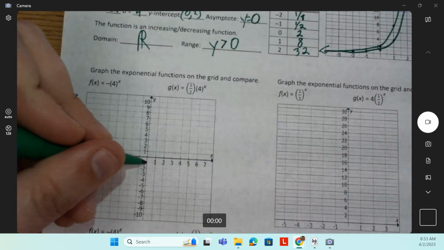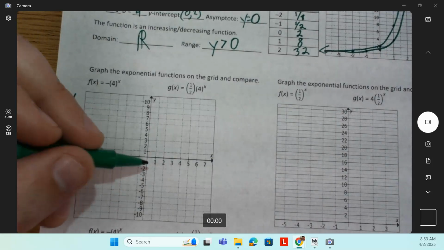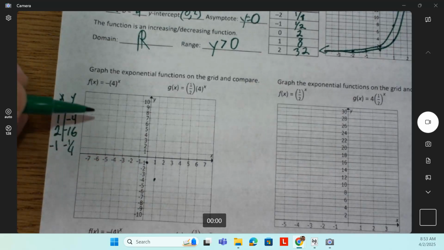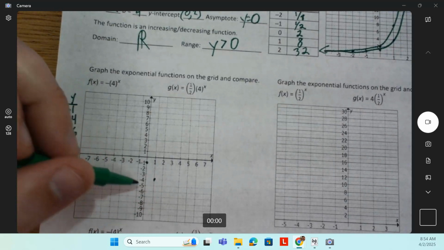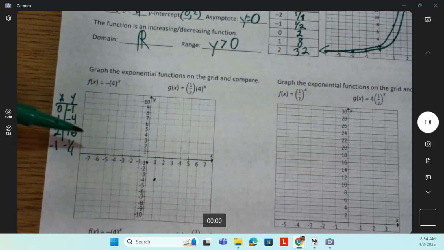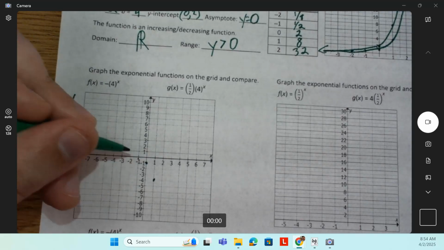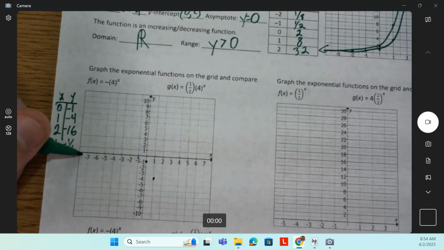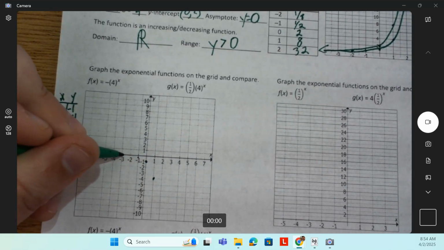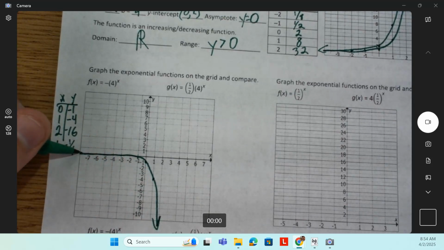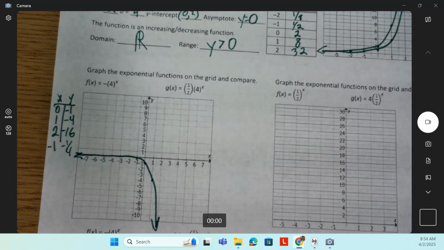So 0, -1. It's 1, it's at -4. And when it's at 2, it's at -16, which is down past where we could be. And then -1/4 there. So it looks something like that.